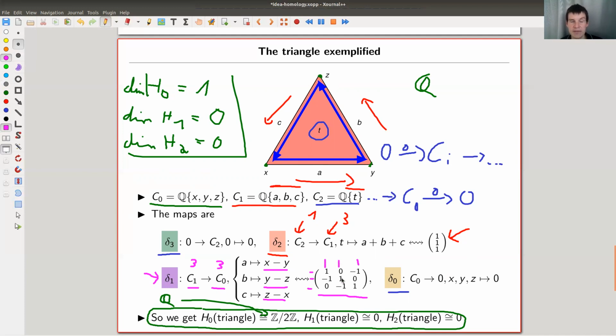So A, B, C, X, Y, Z. The image of A is X minus Y. The image of B is Y minus Z. The image of C is Z minus X. You get this matrix. And now you're in business. You know what a kernel of a matrix is. You know what an image of a matrix is.